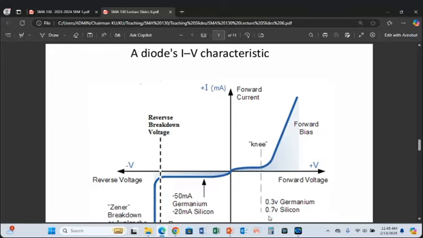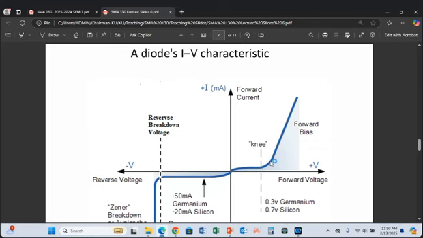One thing to note is that for germanium, the barrier potential is 0.3, and for silicon it is 0.7. Actually, in one of the examples which we did, we obtained the barrier potential to be 0.75 for silicon. There is another name for the point where the curve turns into a straight line.